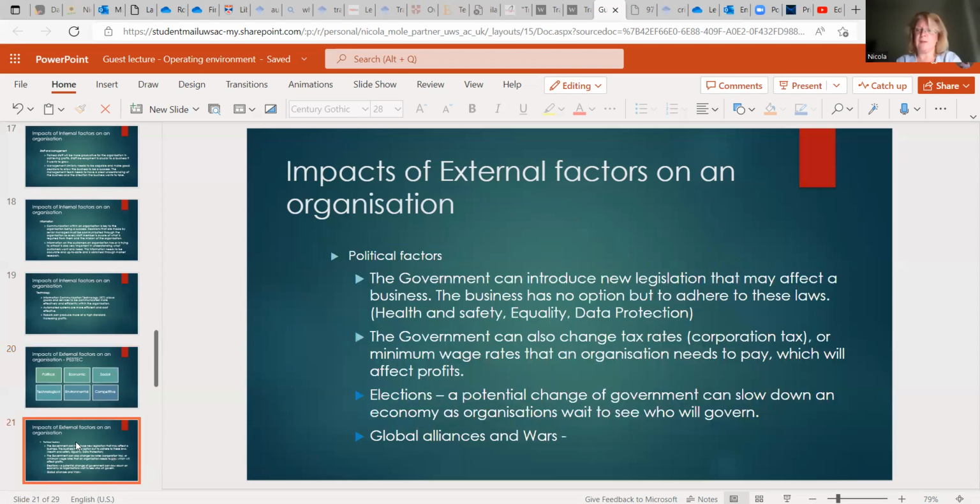All right, so our political factors, this is what the government will impose on an economy and therefore the business. So the government might introduce new legislation that could affect the business, and the business has no option but to adhere to or stick to these laws. All right, so it could be new health and safety policies.